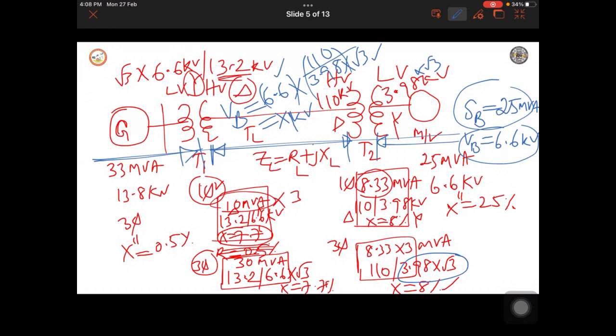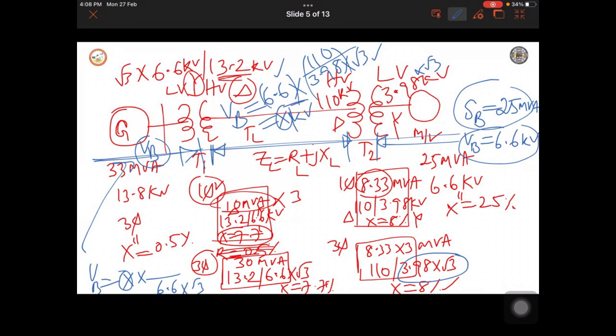Okay. Next we have to find the base voltage in this part. How to find this? Base voltage in this part is given by base voltage on the previous part divided by x, multiplied by the voltage 6.6. Here the lower voltage is how much? 6.6 into root 3.